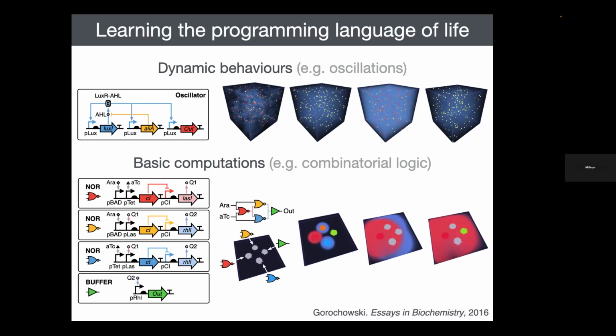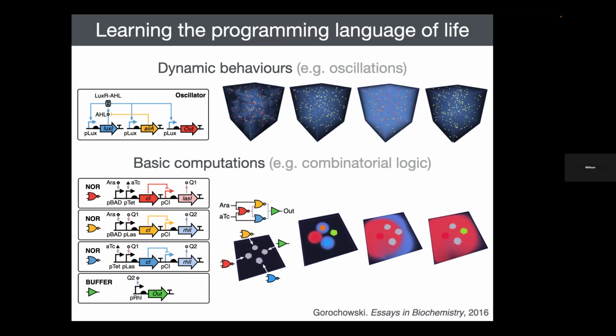So you can imagine these circuits are a little bit like little networks where one node is inhibiting another or activating another. And by creating this network with the right topology and the right connection strength, you can generate some really interesting phenotypes. So this top one is an example of an oscillator where you can have populations of cells turning on and off with a certain frequency.